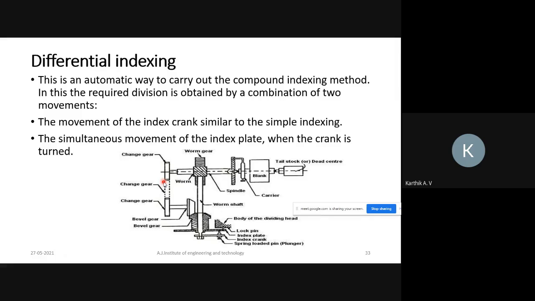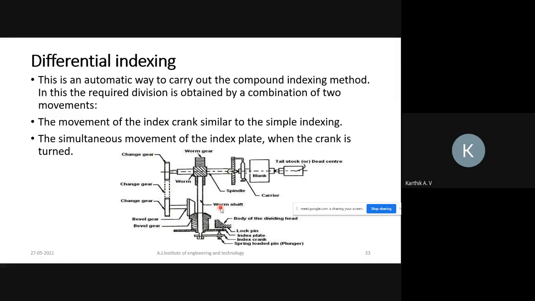Here the index crank will be rotated by the manual method, and the index plate will be rotated with the help of this gear train method. So the two movements will give you the exact division in the workpiece, which is the differential indexing mechanism. Understood? Any doubt?